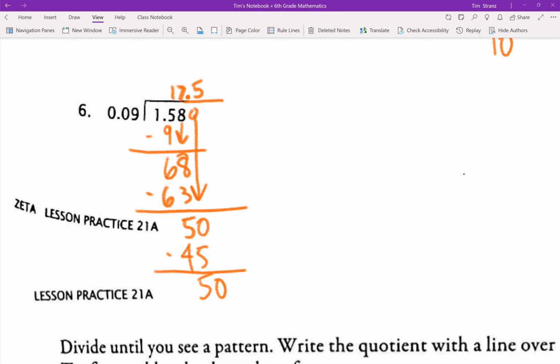And then 9 goes into 50 again 5 times, and it's going to keep repeating. Now my thousandths place number is a 5 or higher, which means I'm going to move this number up 1. So my answer is going to be 17.56 because I rounded up.